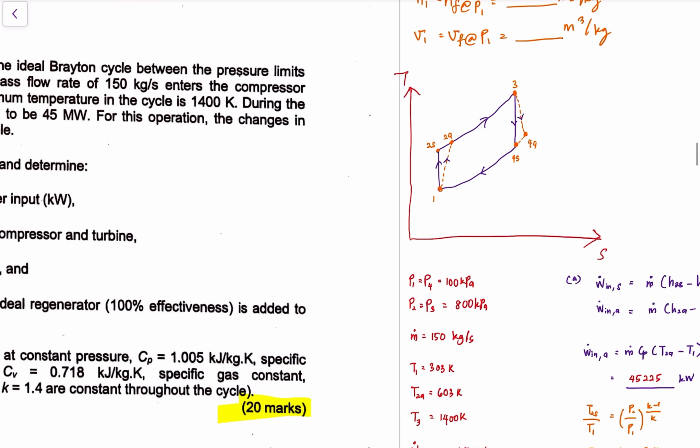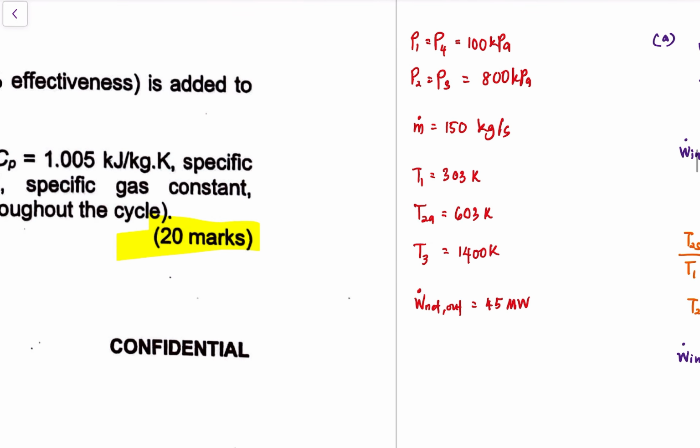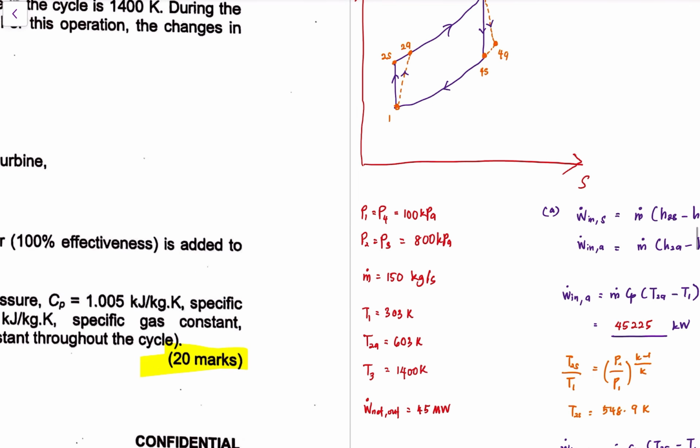So when you list the items given in the question, you get T1 is 303 Kelvin and T2A is 603 Kelvin. From the question it also gives you the maximum temperature of this cycle, which is 1400 Kelvin, so that will be the temperature at state 3.